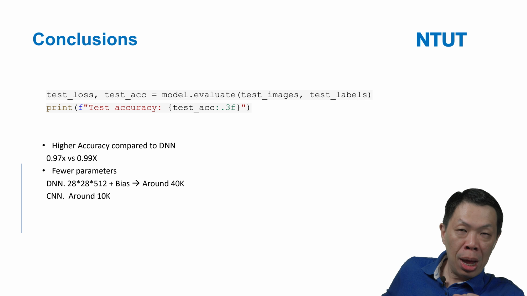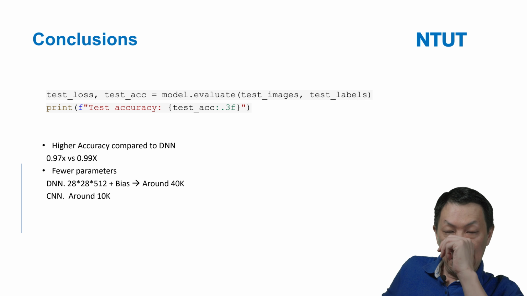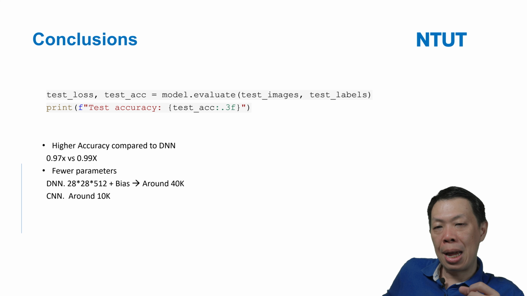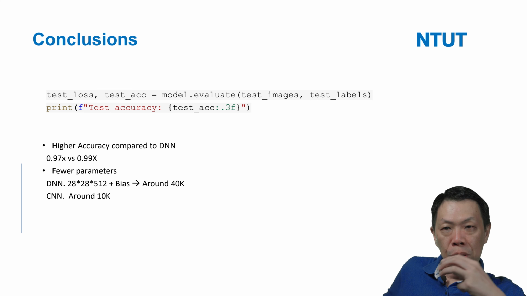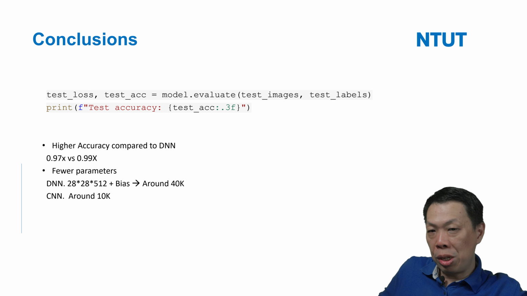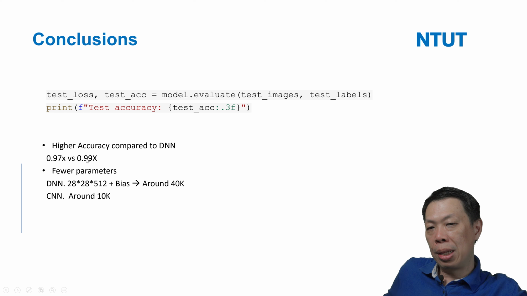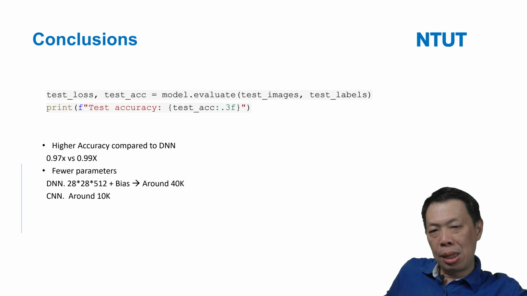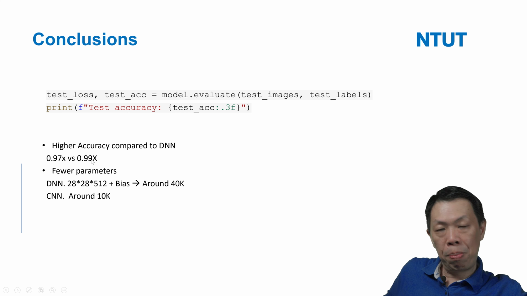The feature map will help us to learn the features of the images. So it should be higher. In my previous test, it was around 99 something compared to the DNN's 97 something.